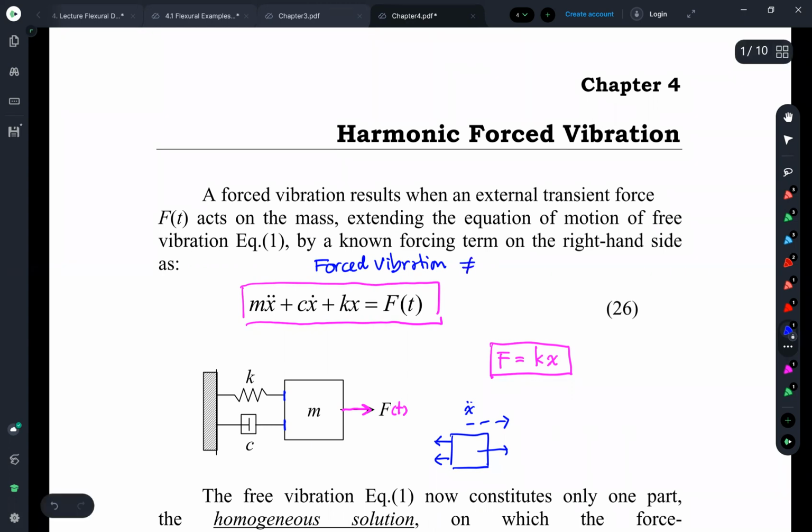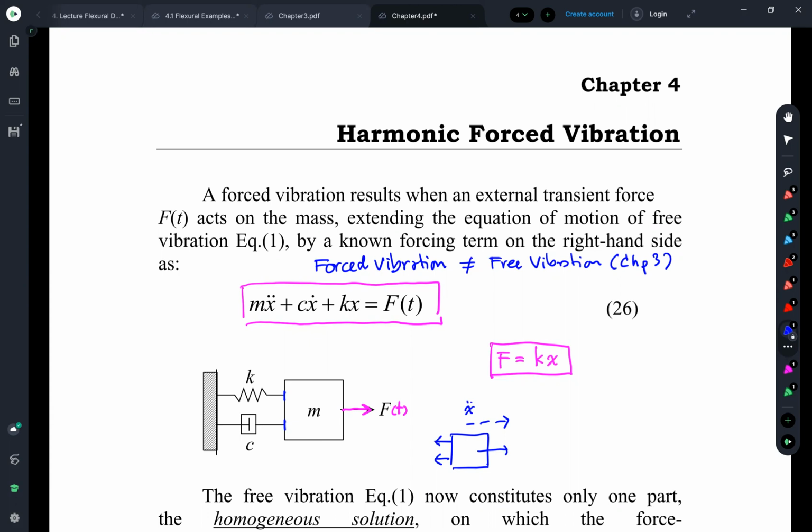It is not equal to the free vibration, the vibration without any external force that we have learned in chapter 3. This is chapter 3, right? But today we are talking about the forced vibration, as in equation 26.